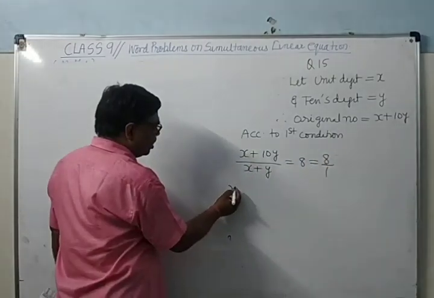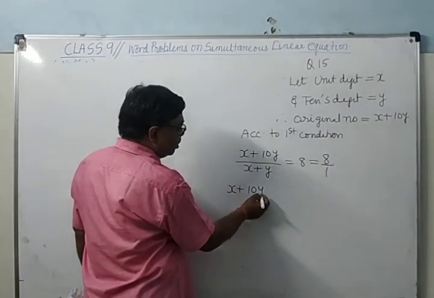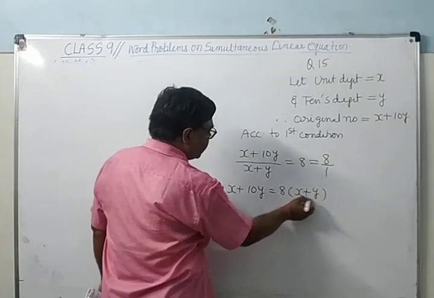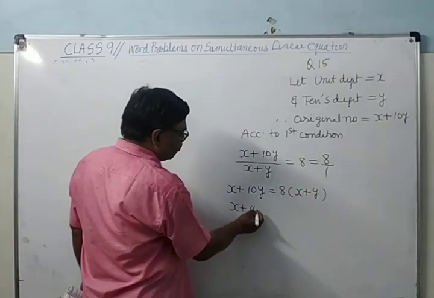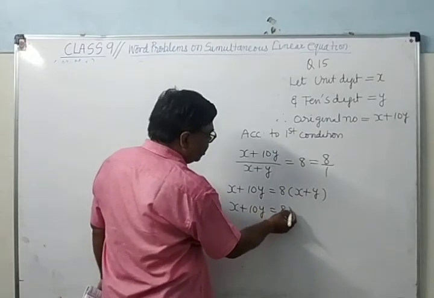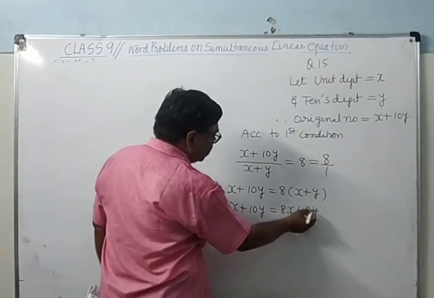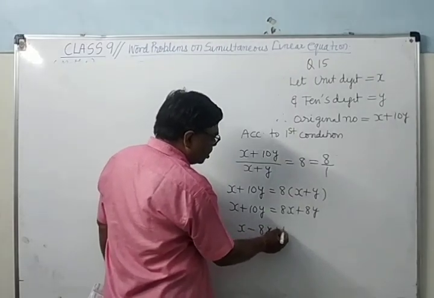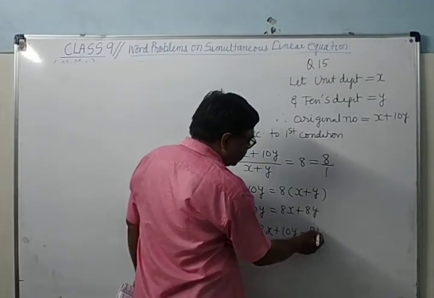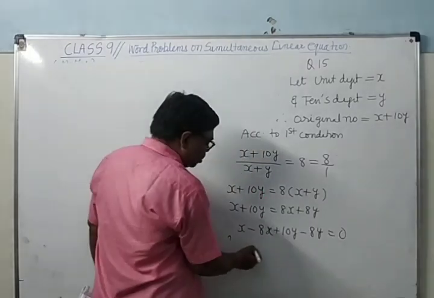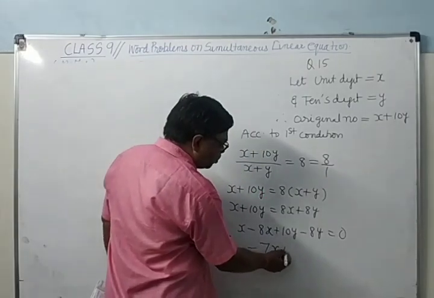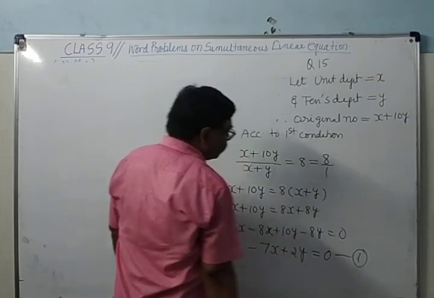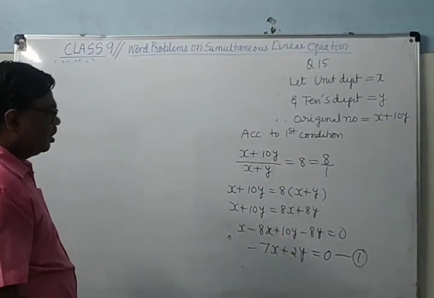So you write x plus 10y equals to 8 times x plus y. So x plus 10y equals to 8x plus 8y. So x minus 8x, 10y minus 8y equals to 0. So minus 7x plus 2y equals to 0. This is the first equation.